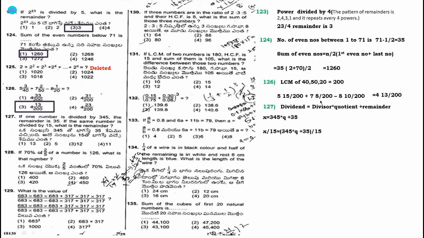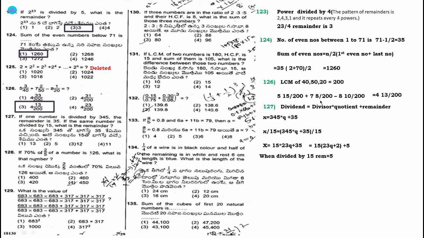Now if that same number is divided by 15, so x by 15 is equal to 345 into q plus 35 by 15. So x is equal to 15 into 23q plus 35. If I take 15 common, 23q plus 2 plus 5.